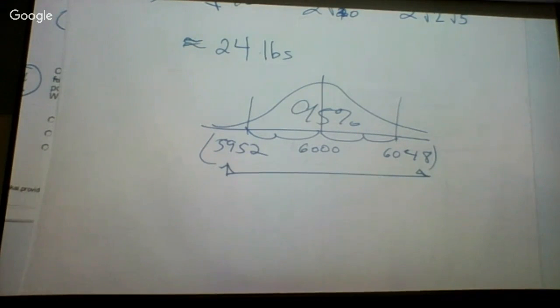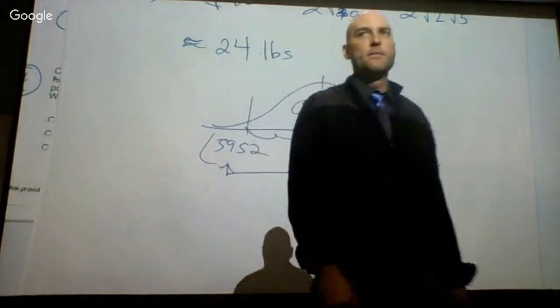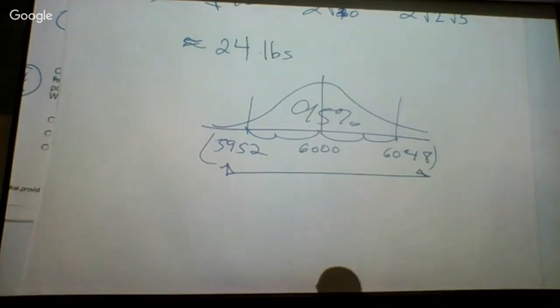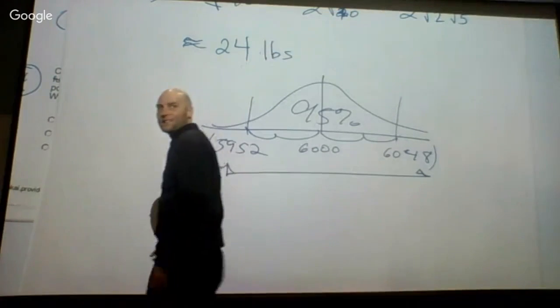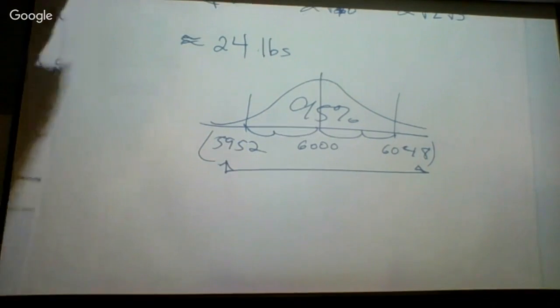And I hope there's an option in number 4, something like 5,952 to 6,048. John, we got something? We got 5,954 and 6,046. I'm comfortable with that if you are. Cool. I got a smile and a thumb. I'll take that. Yeah. 4.